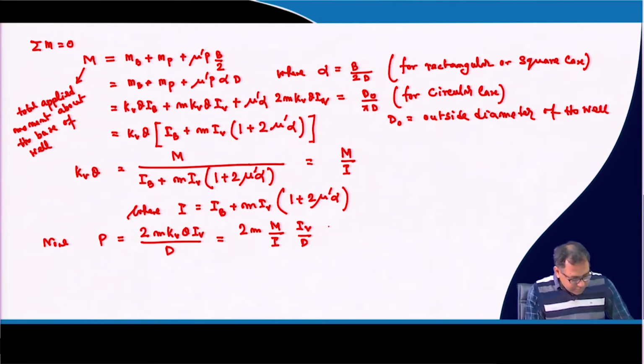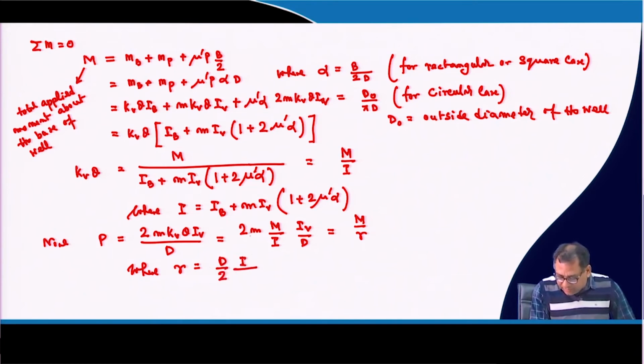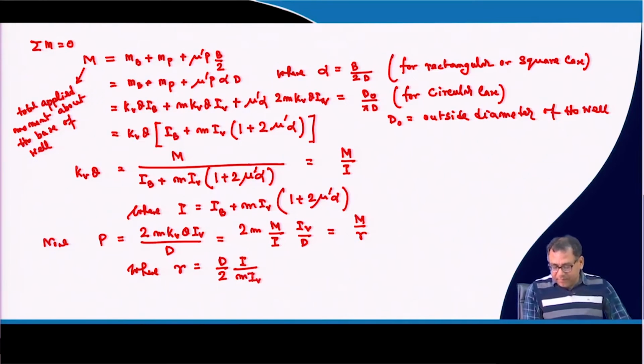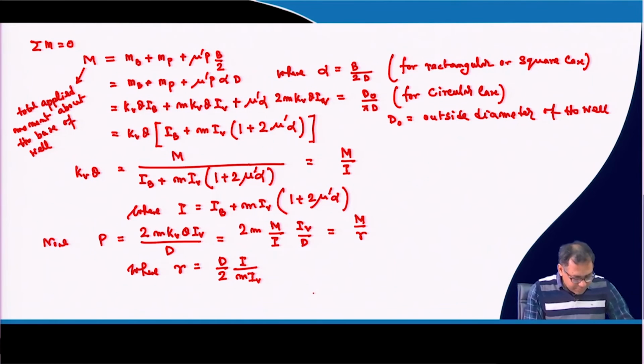So we can write this is equal to M by r, where r is equal to D by 2 into I by m Iv, because this is replaced as M by r. Now we have another expression of h.